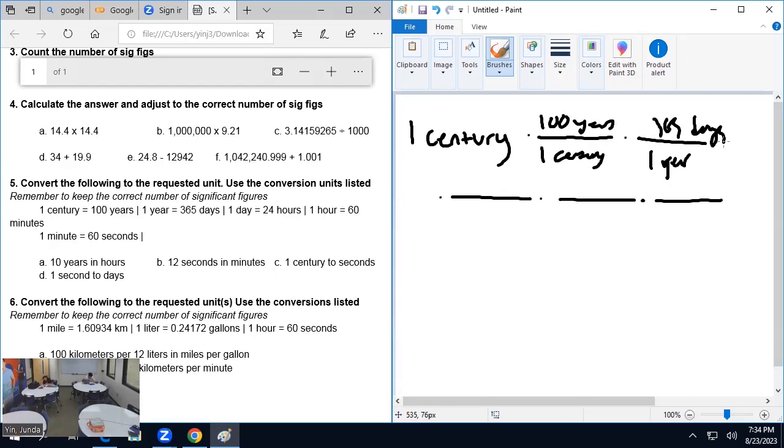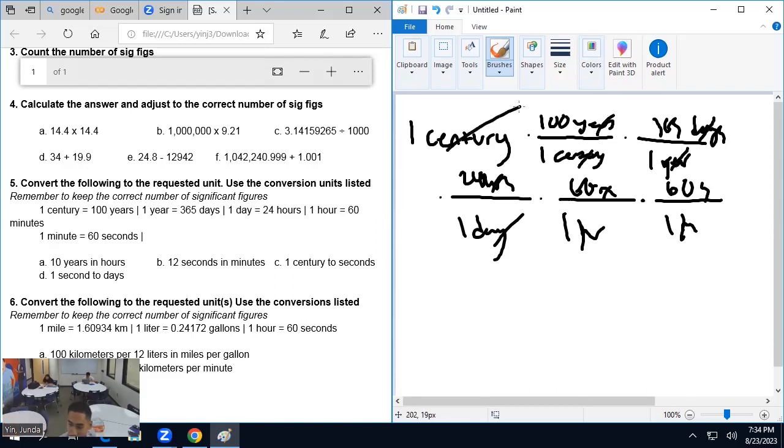Valeria, what about you? 24 hours on top and then 1 day on the bottom. That's correct. Okay, Nick, 1 hour is 60 minutes. And Valeria, 60 seconds on top and then 1 minute on the bottom. That's correct. That is awesome. Y'all are doing great.